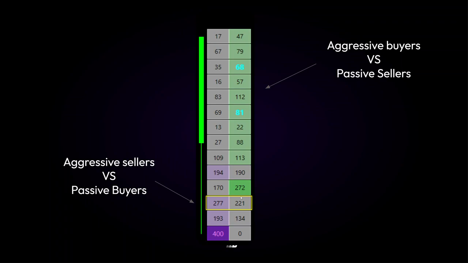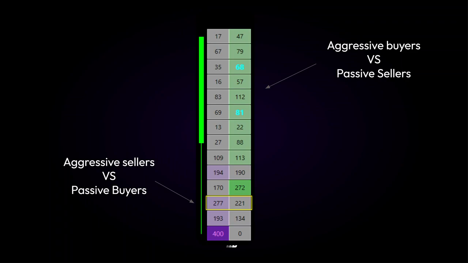It basically showcases aggressive buyers on this side, the green side of the candle, the right-hand side, and aggressive sellers on this other side, which is the purple part. And all of these aggressive sellers and aggressive buyers have an interaction with passive buyers and passive sellers, respectively.